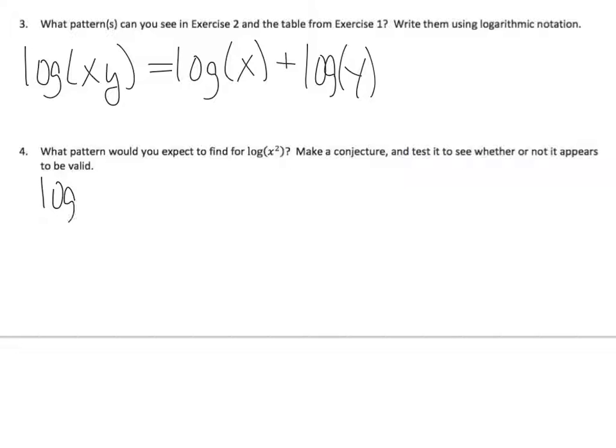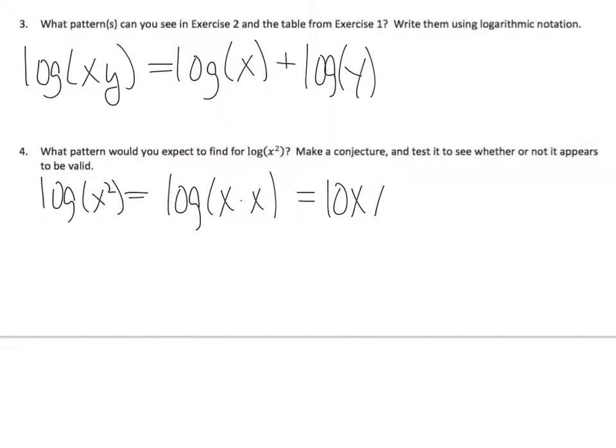Well, log x squared is the same as log x times x, which should be the same as log of x plus log of x. Okay, it's 2 of them, right?